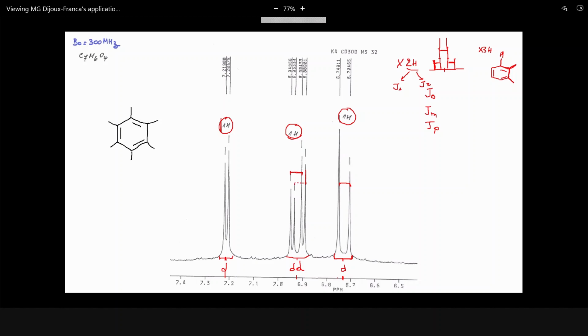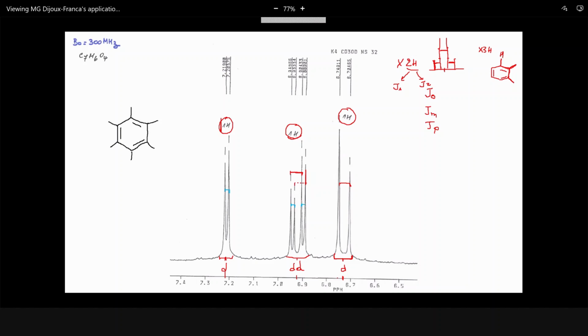So that means these two protons are coupled to one another. And if I change the color, this coupling constant is found here or here.